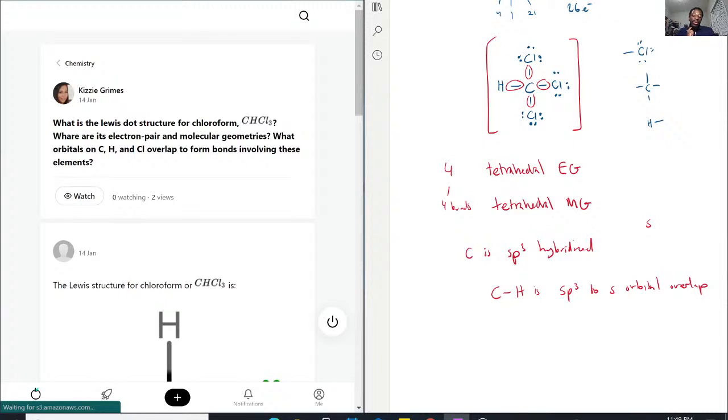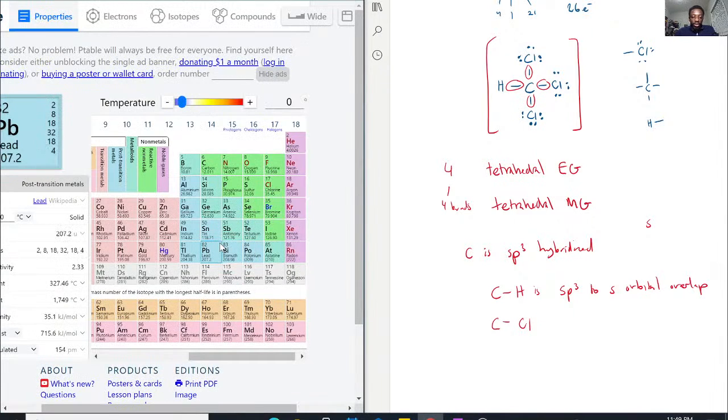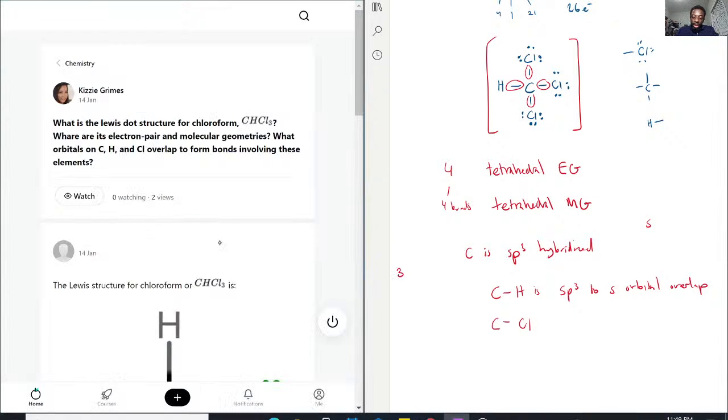And now for the C to Cl bond, assuming that things go from the lowest energy to the highest energy, chlorine is on the 3rd row. For its outermost shell, it'd be 3s2, 3p6.